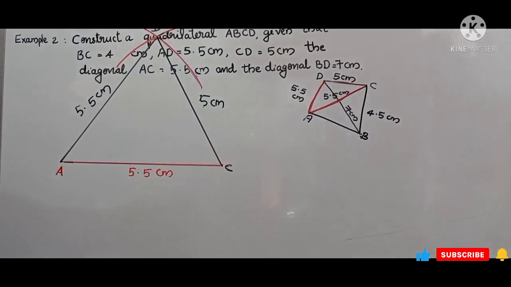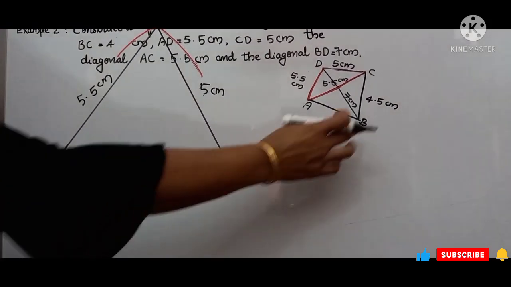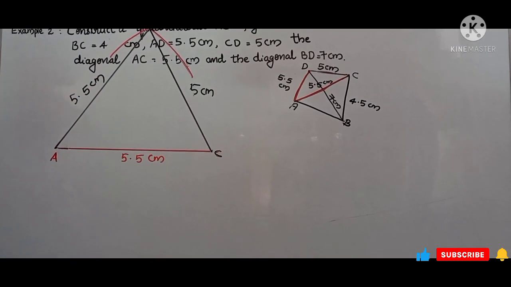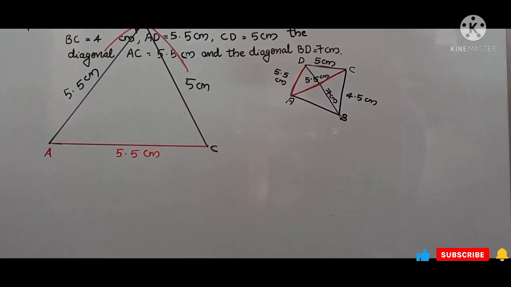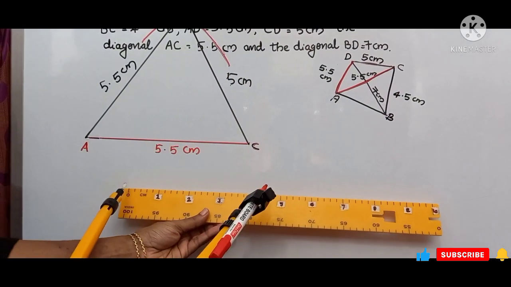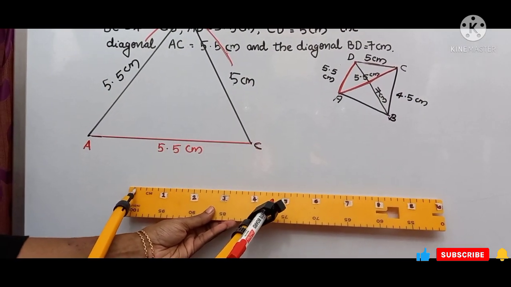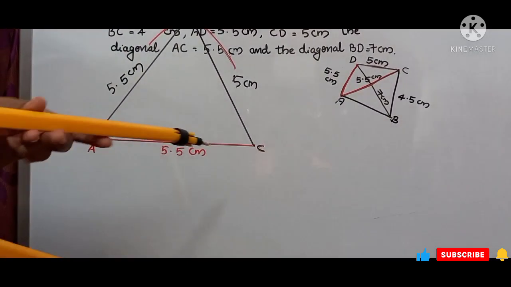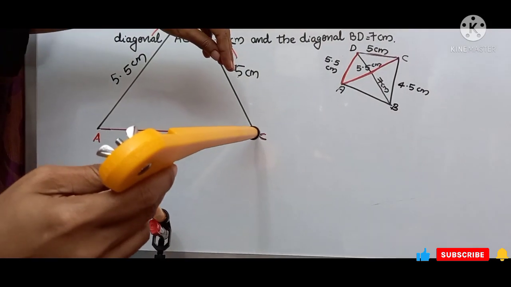So we have to adjust our compass to 4.5 centimeter and pointing on C we have to draw an arc. Then we are taking 4.5 centimeter compass width. Here it is 4.5 and pointing on C, draw an arc.